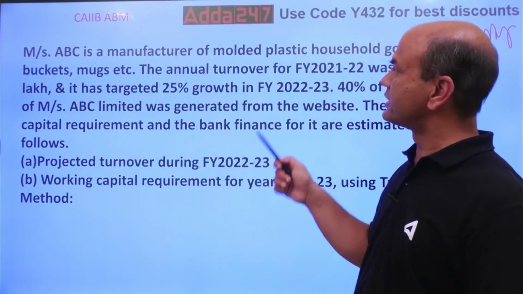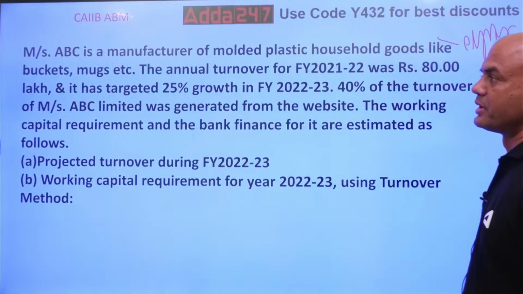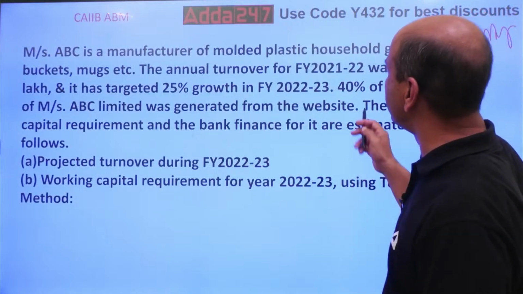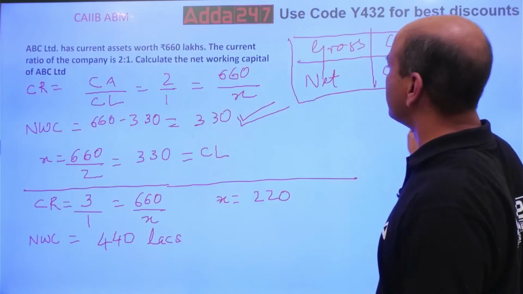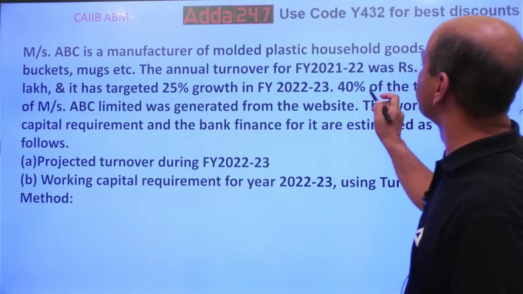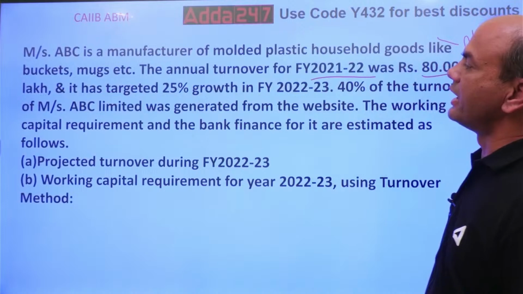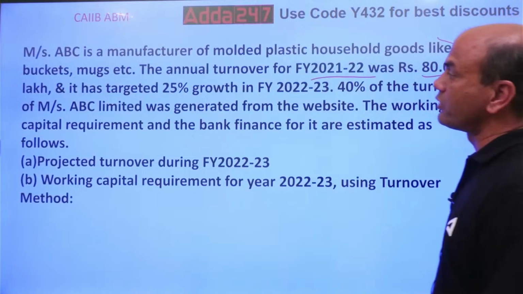So now look at this. ABC is a manufacturer of molded plastic household goods like buckets, mugs, etc. The annual turnover of FY 21-22 was 80 lakhs, and it has targeted 25% growth.